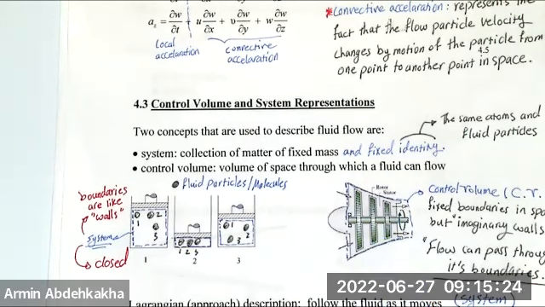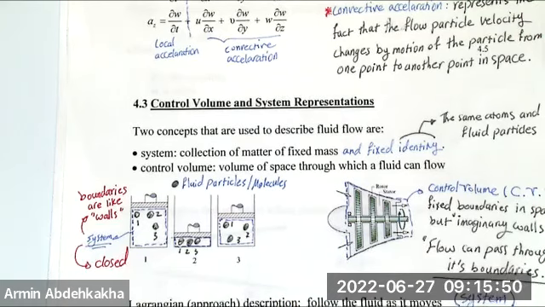Those parameters that are related to the amount of particles are different in the system versus the control volume. Why? Because in the system, since the mass is constant, those parameters in the fluid that change with the mass or amount of fluid are not changing anymore. But in the control volume they will change, right?